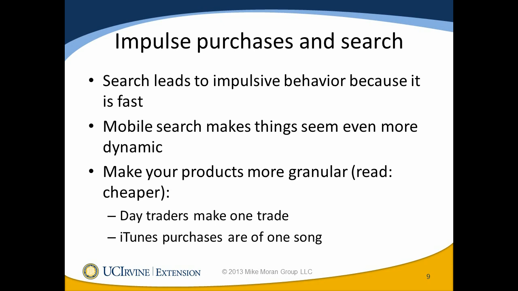But now, instead of having a broker that you're paying a big fee to and who is managing your portfolio, you can have somebody who just logs on to E-Trade and makes one trade.